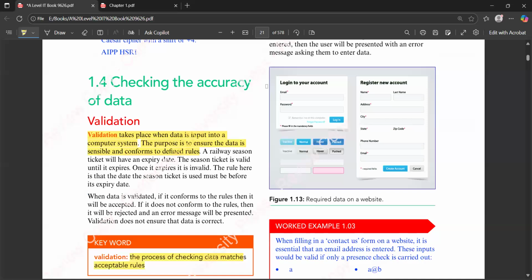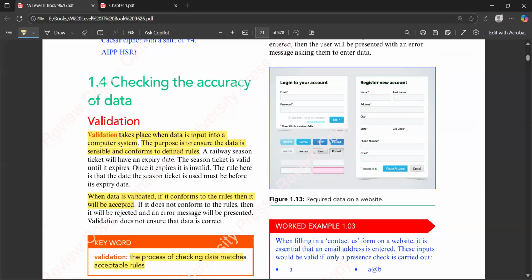So this is basically a rule to check if your data is validated or not, to check if your data is correct or not. When your data is validated and conforms to the rules, then it will be accepted.